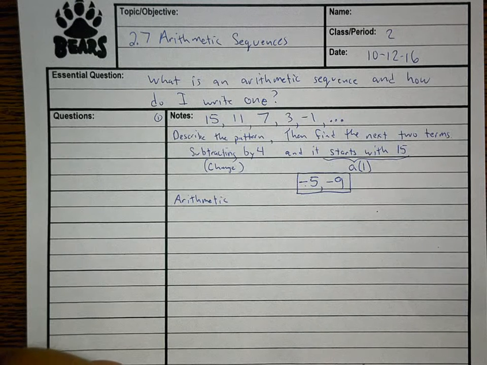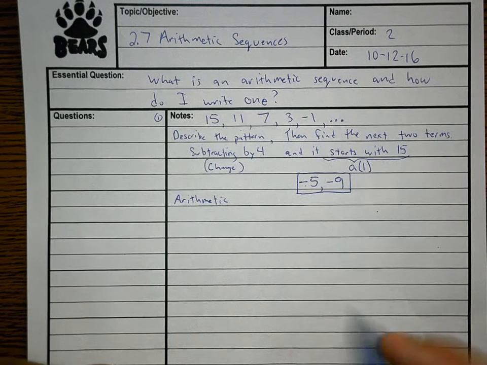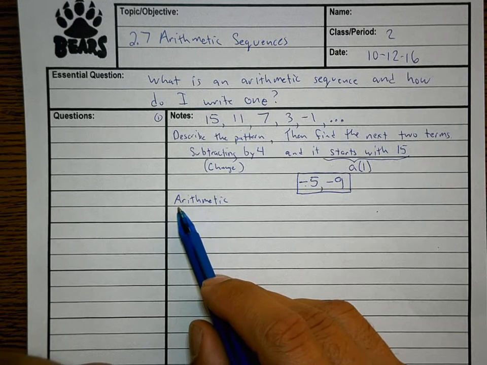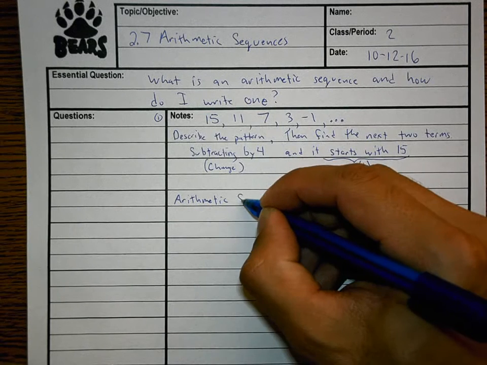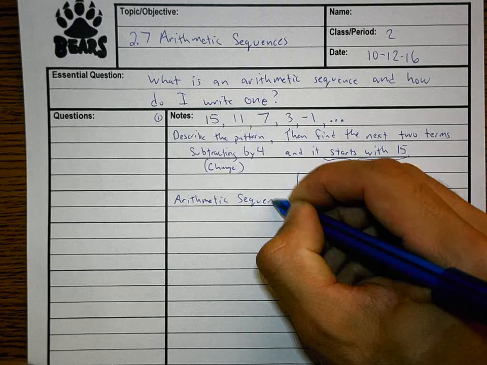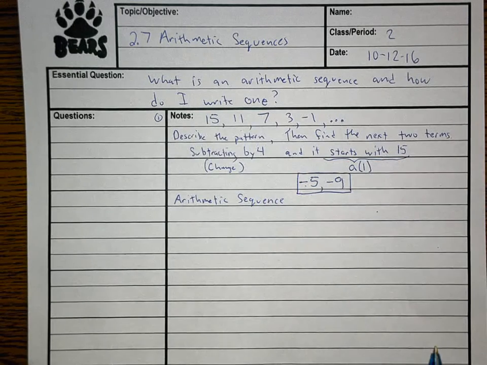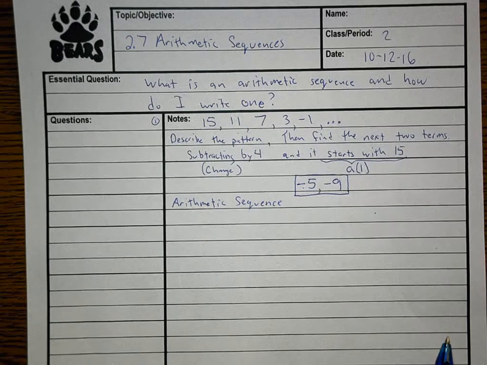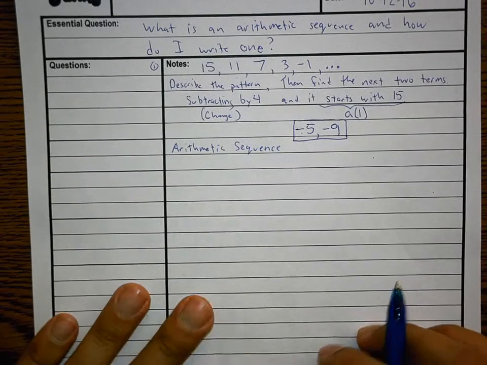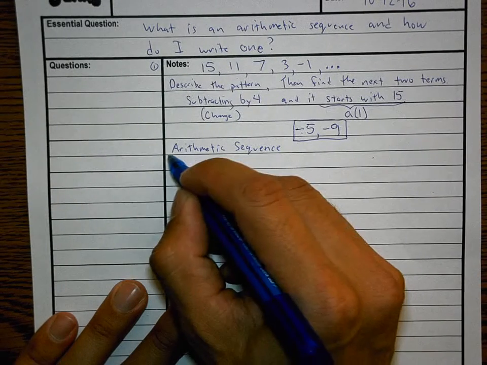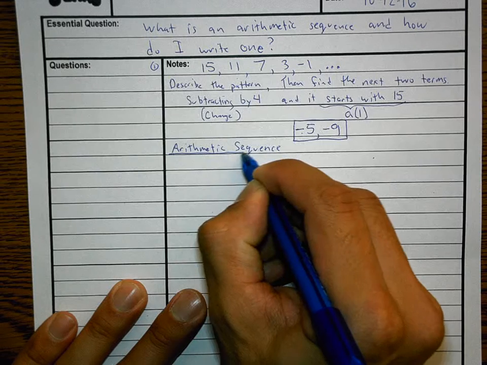If you're reading this and you see arithmetic, that's fine. You can call it an arithmetic sequence if you want to. Arithmetic sequence. That's how I was taught it. I've kind of liked it, so I've said it that way ever since.